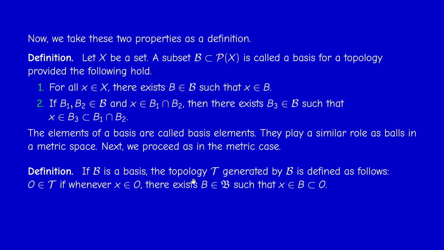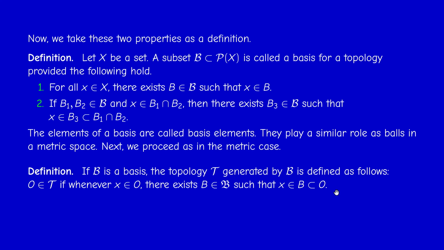Okay, and now what is the topology generated by this basis? If we have a basis, then we can define a collection calligraphic T as follows. A set O belongs to T if whenever X is in O, then there exists a basis element containing X and contained in O. So exactly like the definition of an open set in a metric space. So it's a generalization.